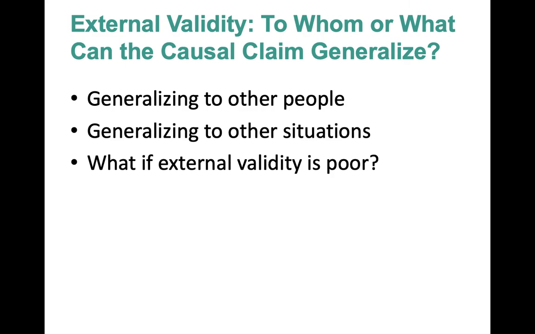And then, of course, they were watching videos, so would it work in face-to-face or a live lecture? These are questions related to the situation. What if it's the case that external validity is poor? So there's a convenience sample, it's maybe an artificial laboratory situation. There's this trade-off.